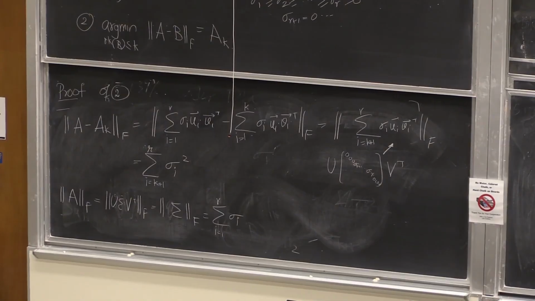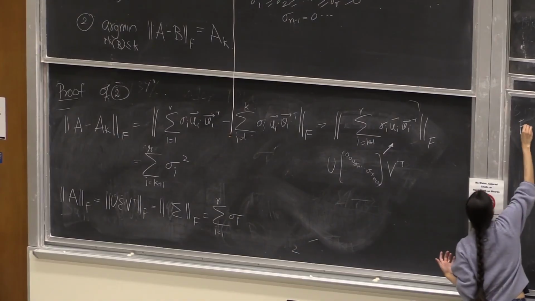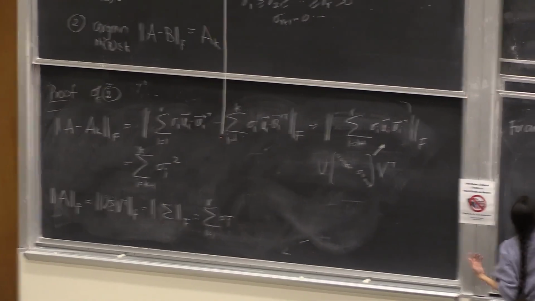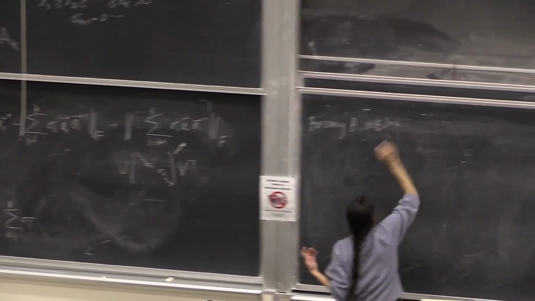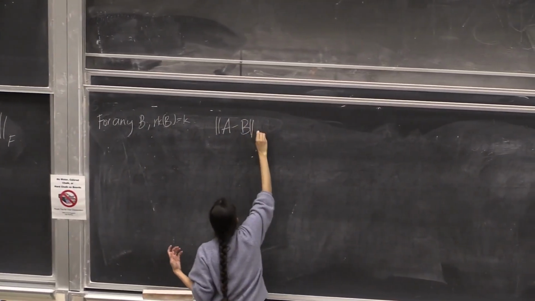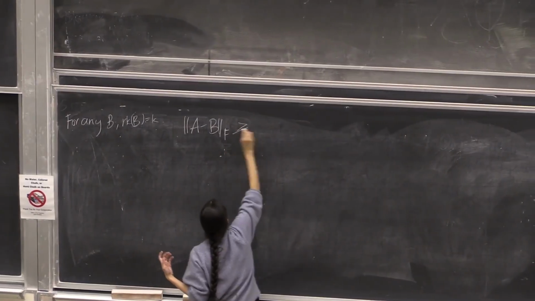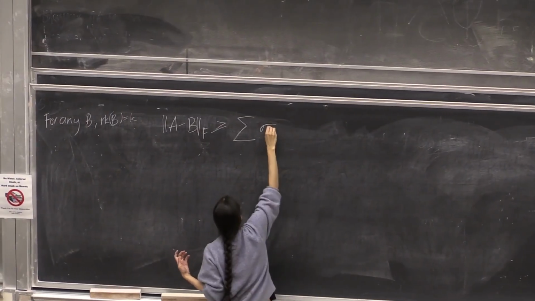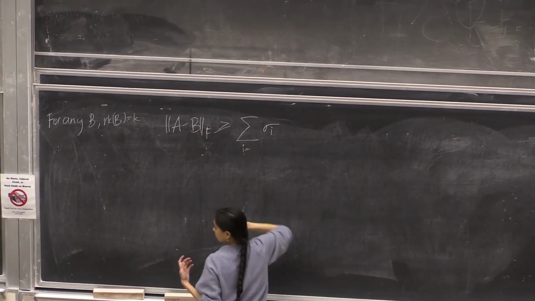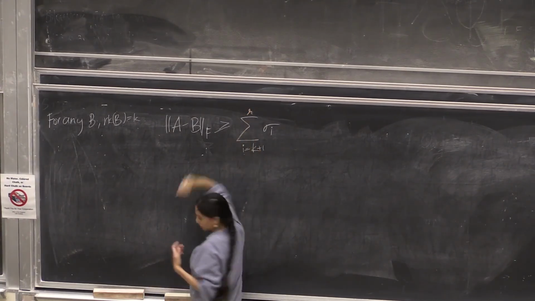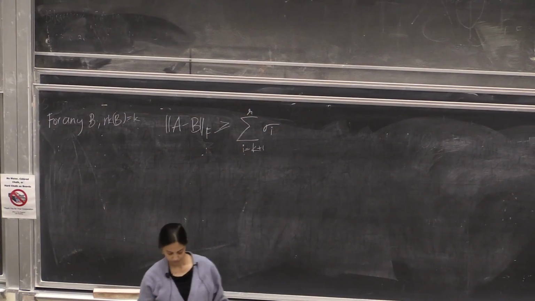And so in the same vein as how we did the other proof, we want to say now that for any B such that rank of B is k, I want to show that the Frobenius norm of A minus B is at least the sum of the squared singular values from k plus 1 to r. Okay?